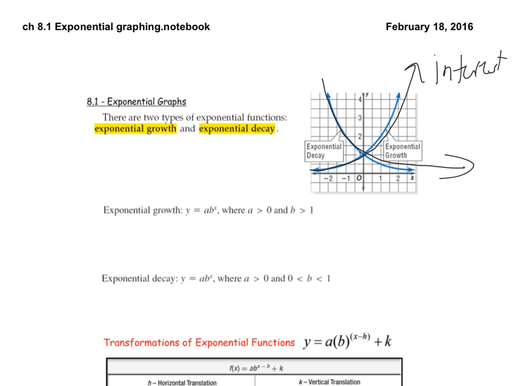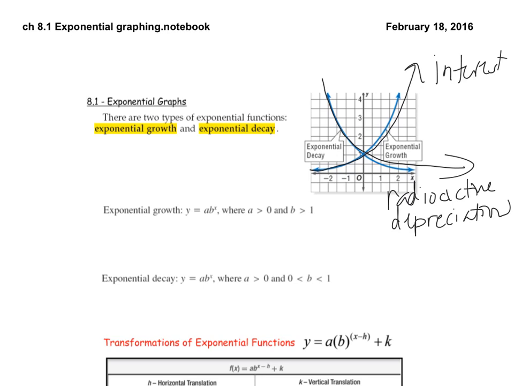Exponential decay, this is stuff like radioactive decay, where you have less and less of it as things go on. It could also be depreciation. Things lose value over time. As time goes on, this gets smaller. Interest in the bank, things like that. As time goes on, things get bigger.